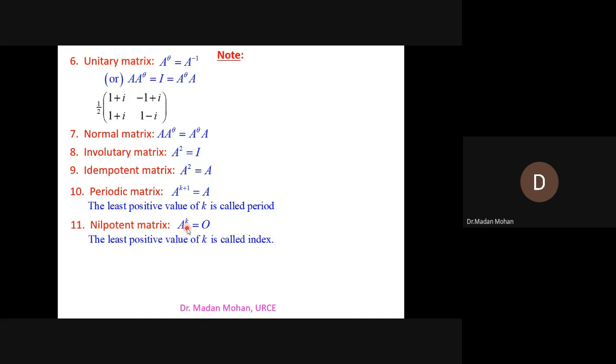Next. Now observe this note. Real symmetric is Hermitian. Suppose a matrix is real and also symmetric, definitely it is a Hermitian matrix. Real skew symmetric is skew Hermitian. A matrix is real means the entries are real numbers, and if it is skew symmetric, definitely it is skew Hermitian.